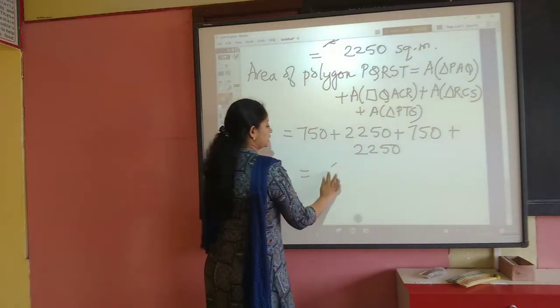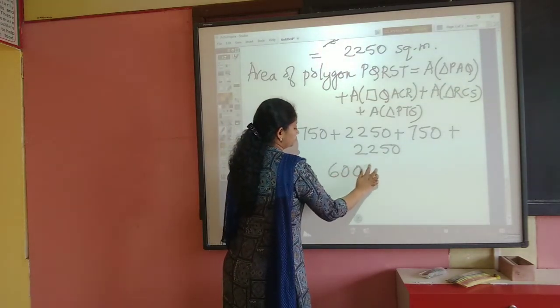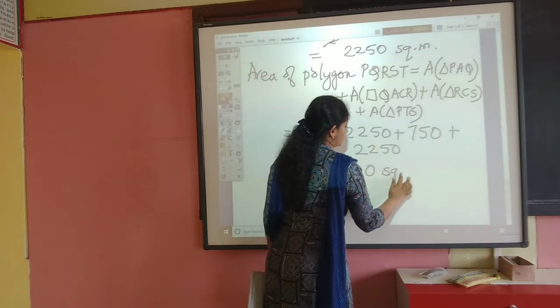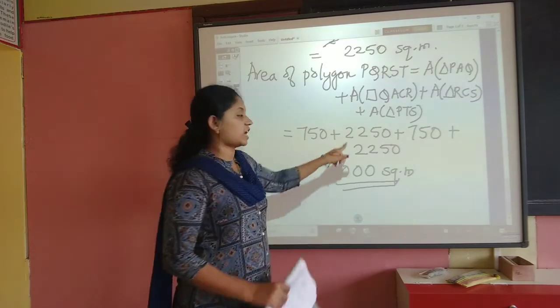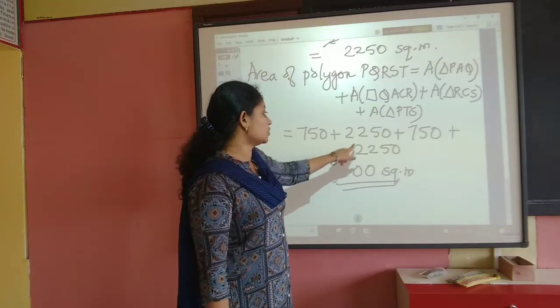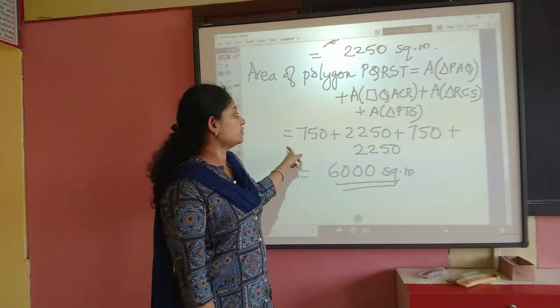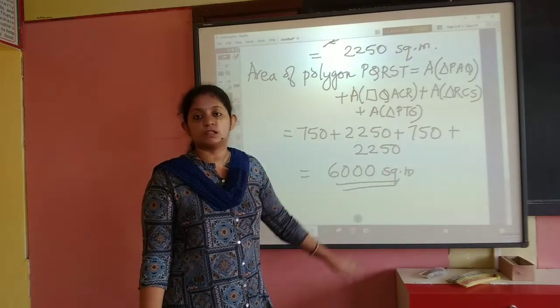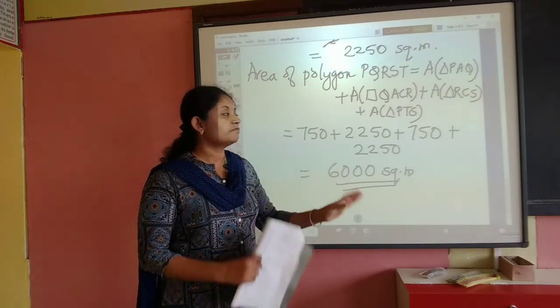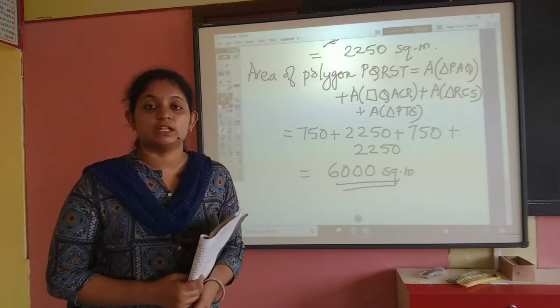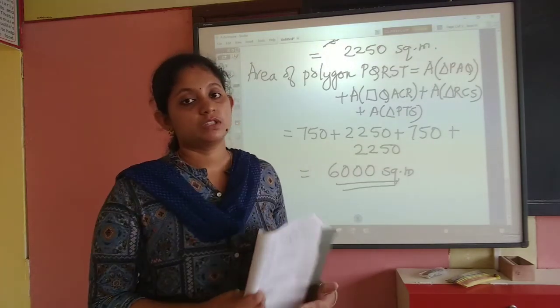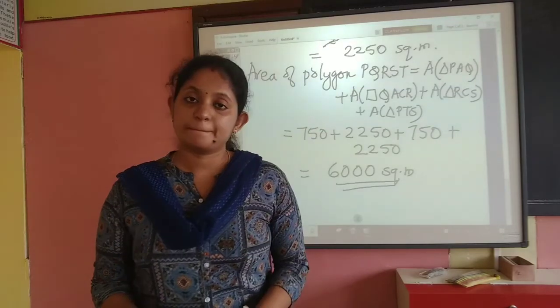You are going to get 6000 square meter. Okay. First add 2250 plus 2250 and then 750 plus 750, you will get the answer. So this is the final answer. Area of the plot, that is PQRST, that was a polygon, nothing but 6000 square meter.